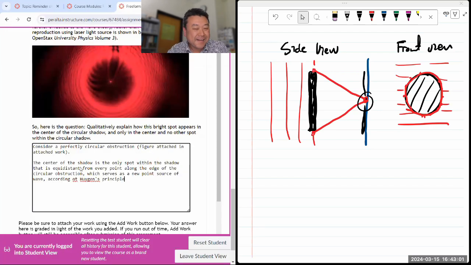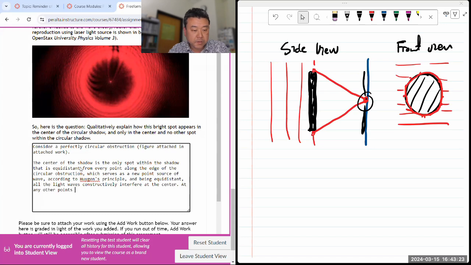According to Huygens principle, and being equidistant, all the light waves constructively interfere at the center.